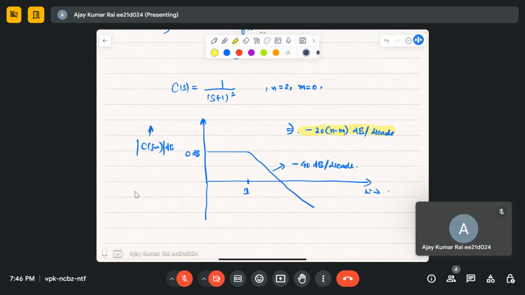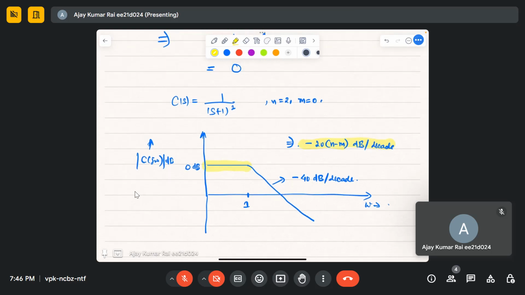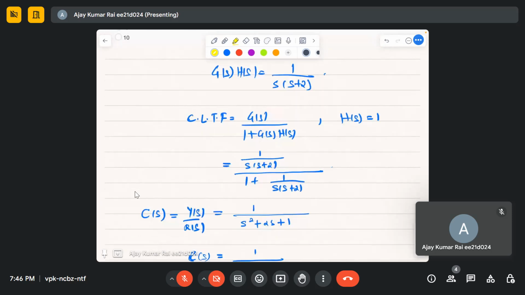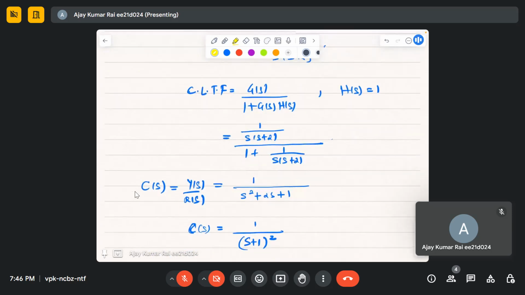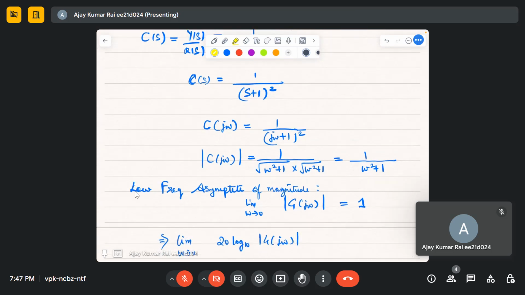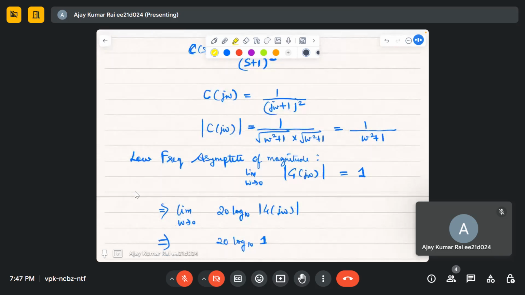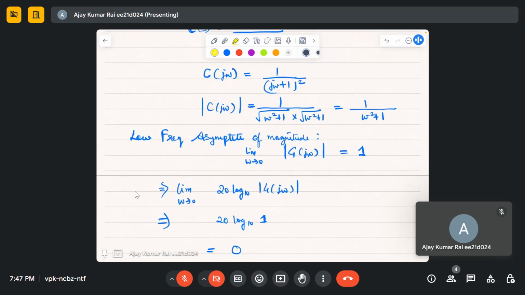And in this particular question, we are asked this. I hope everything is clear. I'm drawing the magnitude Bode plot for the closed loop transfer function. We are given the open loop transfer function, and we have found the closed loop transfer function, and from it the closed loop sinusoidal transfer function by putting s equal to j omega. Then finding the magnitude, which is 1 by omega square plus 1.